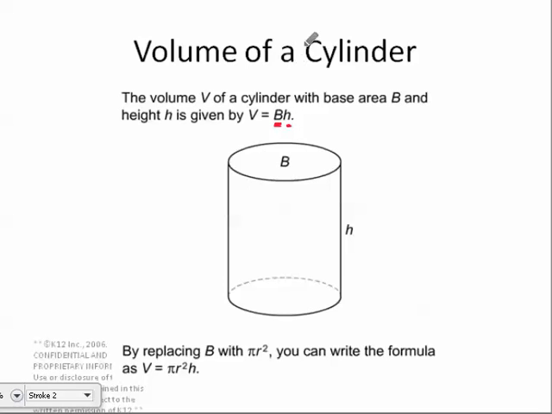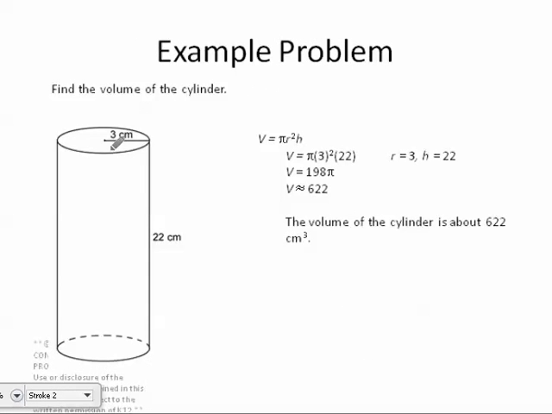Well, a base is a circle in this situation, so it's pi r squared times the height. Here's the radius, 3. 3 squared times the height, 22. 9 times 22 is 198 pi. Multiply it by pi at this point, and we get 622. That would be 622 cubic centimeters of volume.